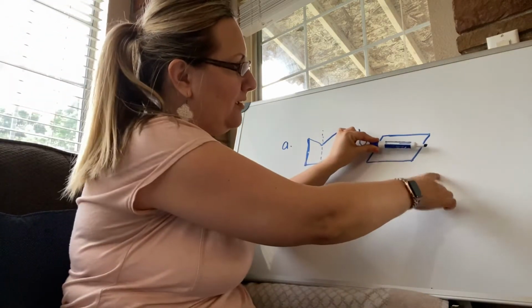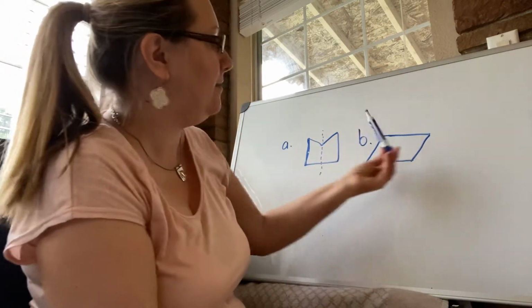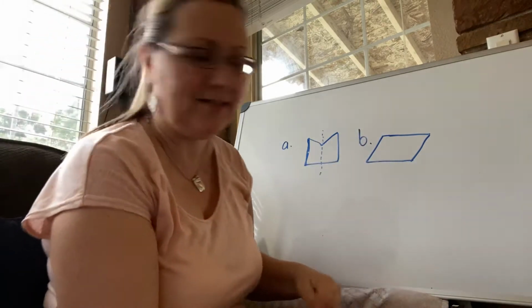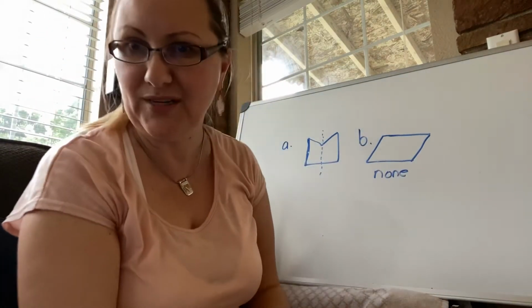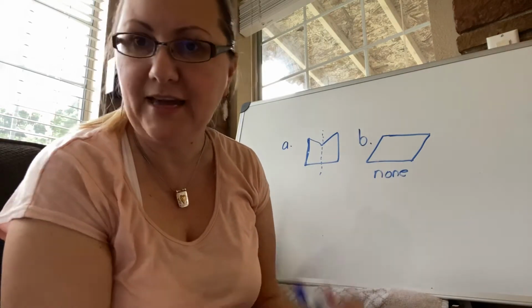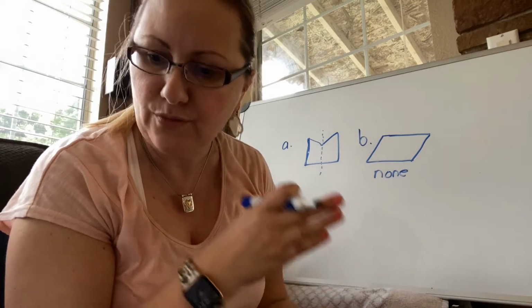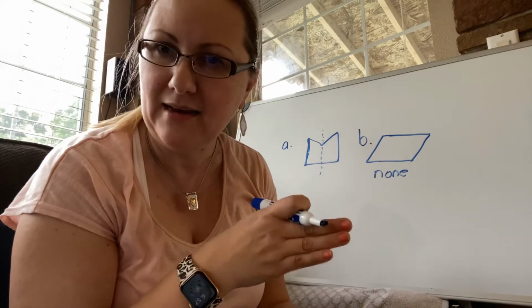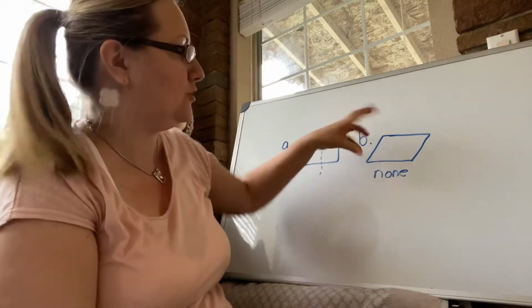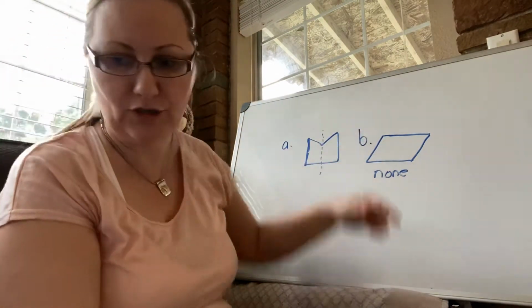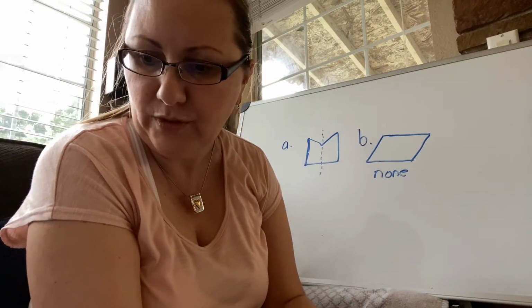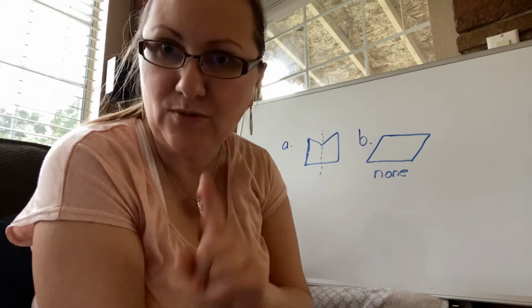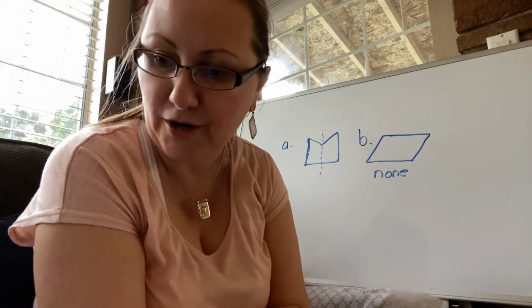This corner would show up here. There's no exact line of symmetry. So for this one, we say none. There's no reflective symmetry and no line that would make it exactly the same. Now, if you started to turn it, you'd get it back into this shape with some rotational symmetry, but not with reflective symmetry, which, remember, is the mirror part.